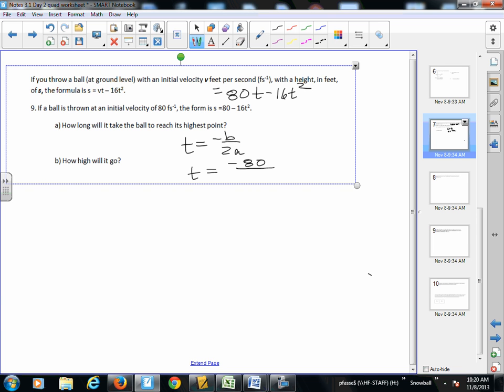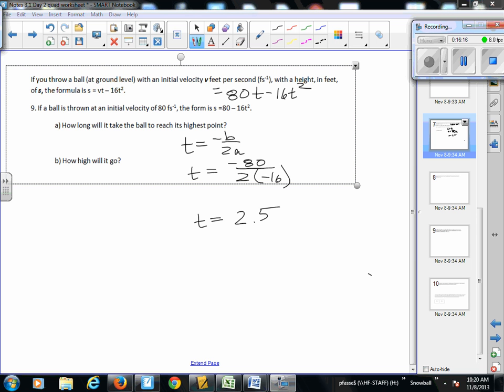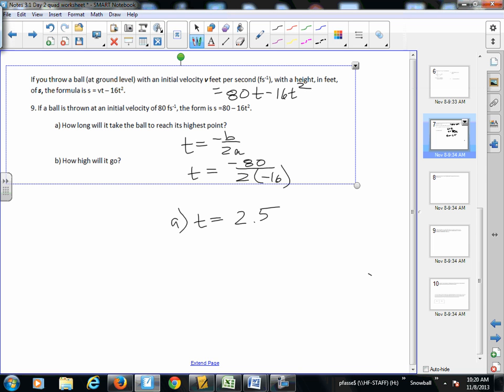So you do negative 80 over 2 times a, which is negative 16. And that's going to give us, I believe, 2.5. That's letter A. That's how long it'll take to get its highest point.